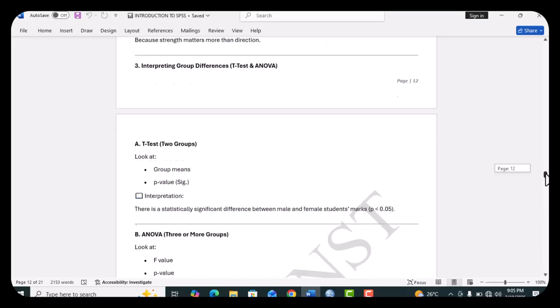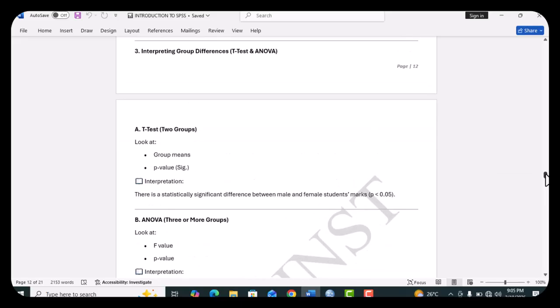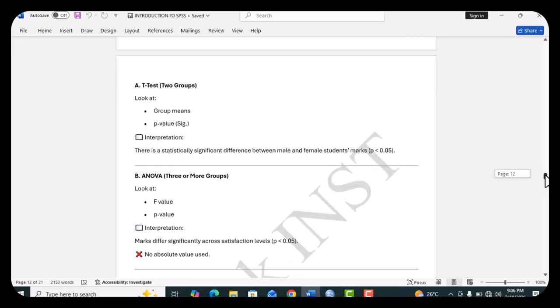So interpreting group difference: that's a t-test and ANOVA. The t-test is for two groups. When you have two group means and the p-value, in most cases we use 0.05 for statisticians, and maybe for social sciences they have it to be 0.01. Is there a statistically significant difference between male and female students?